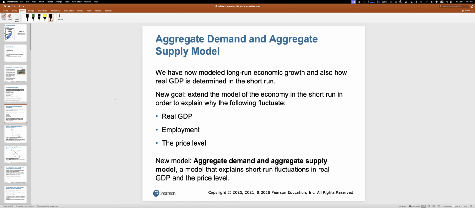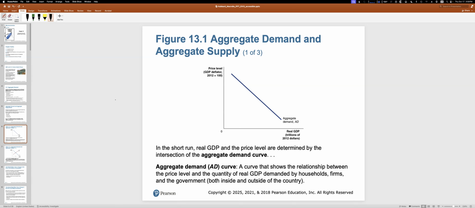And what we're going to do from that work is combine our aggregate demand function with an aggregate supply function, which is going to be upward sloping, just like how our supply curve was way back in chapter 3. So here's our aggregate demand function, downward sloping.